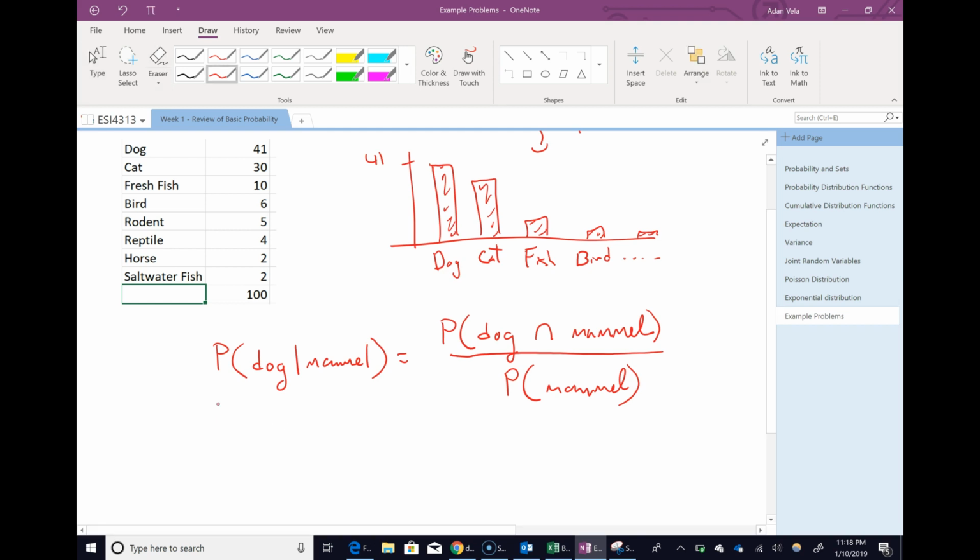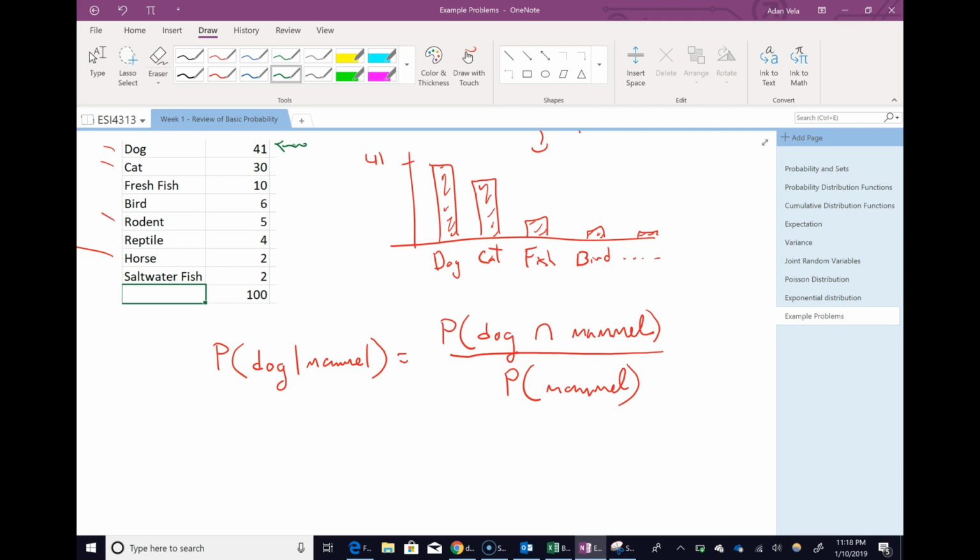If you own a mammal, which is either a dog, a cat, a rodent, or a horse, what is the probability that it's actually a dog? I tell you, Bobby owns a mammal. What is the probability that the mammal that he owns is a dog?